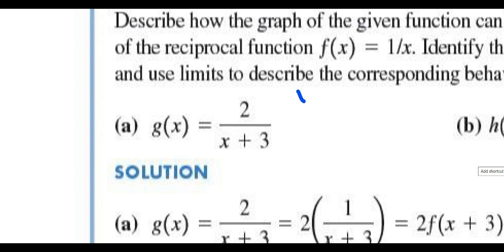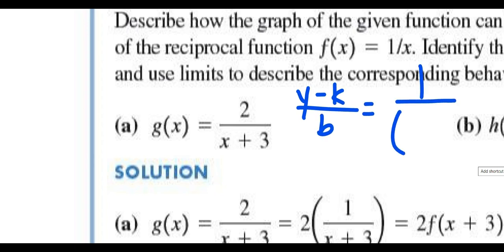I mean, this is really generic. y minus k over b equals 1 over x minus h over a. Okay, that's the most generic looking standardization form of that. This is almost in that form. You've got to do one thing to put it in that form. What is it?